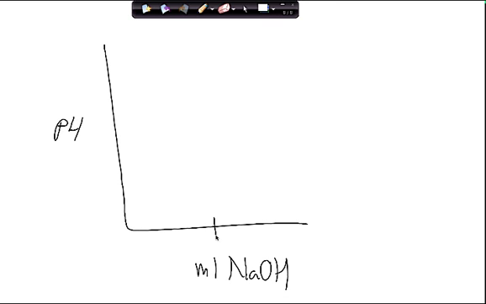Then these are the important points. You're going to start at pH 1, and then you're going to put pH 7, and then pH 14. Then you're going to put 0 milliliters, 50 milliliters, and 100 milliliters.